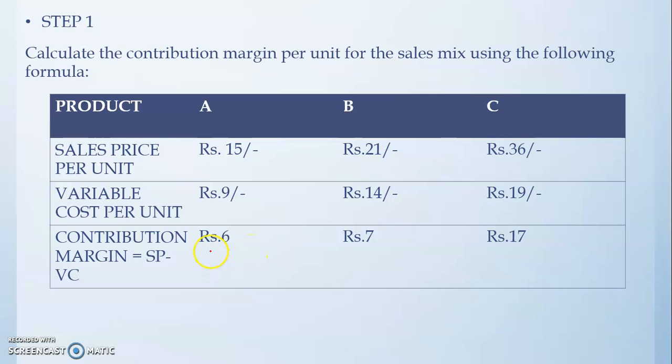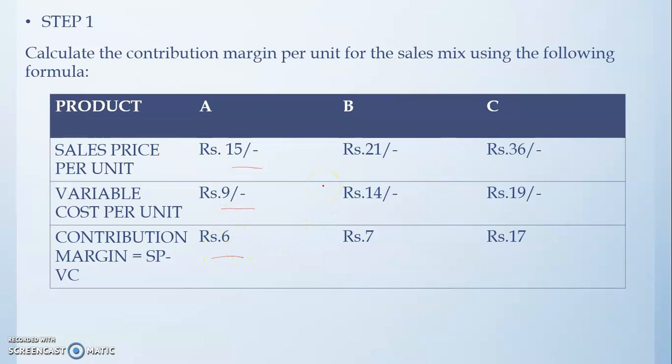What would be step 1? Step 1 would be to understand what is the contribution margin. Now we know that contribution margin or the gross margin is the difference between sales price per unit and variable cost per unit. So in this question, we have selling price given as 15 for product A and variable cost as 9 for product A. Therefore, the contribution margin of SP minus VC is 6.